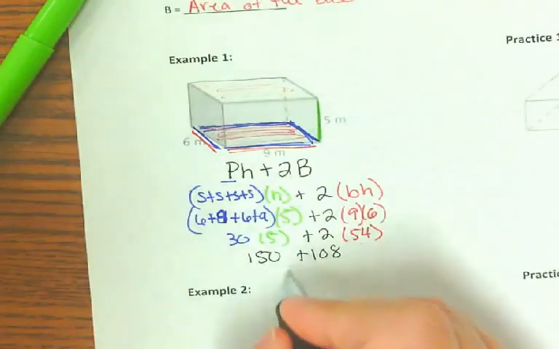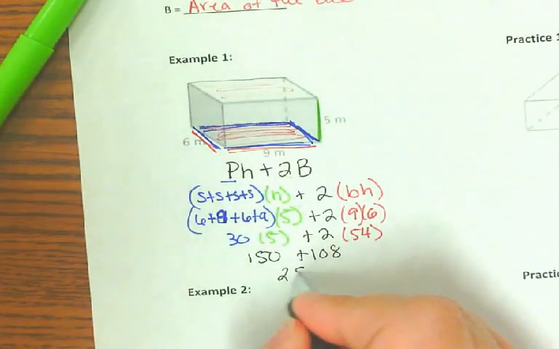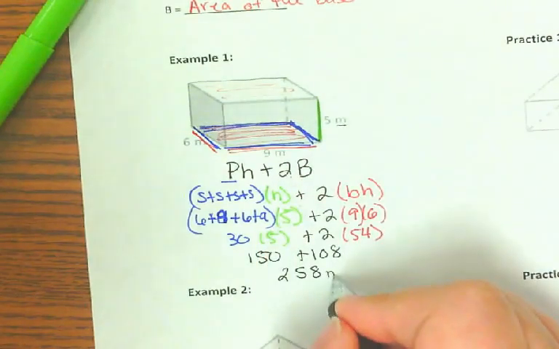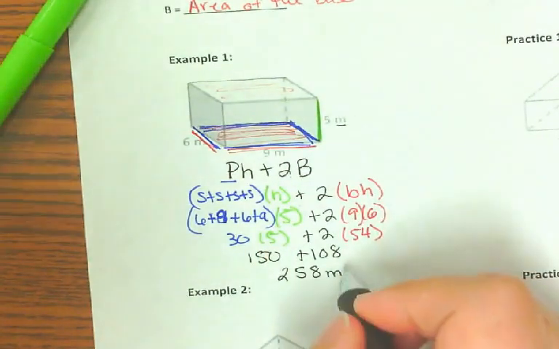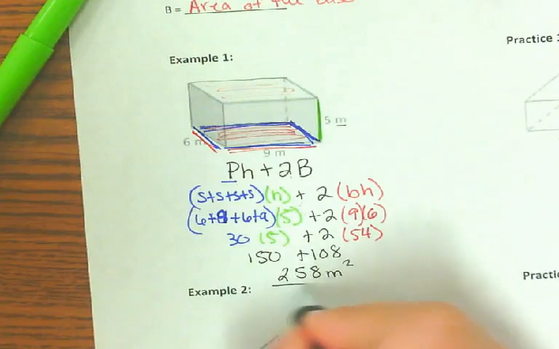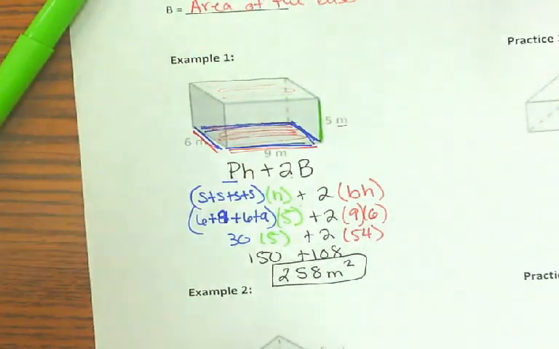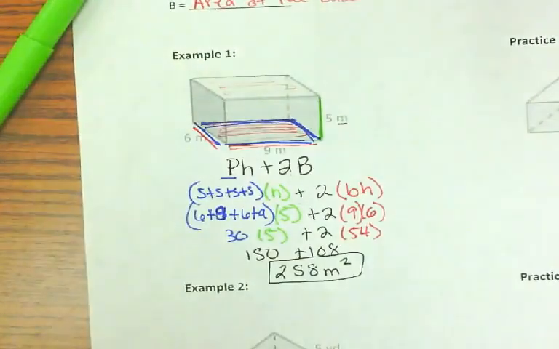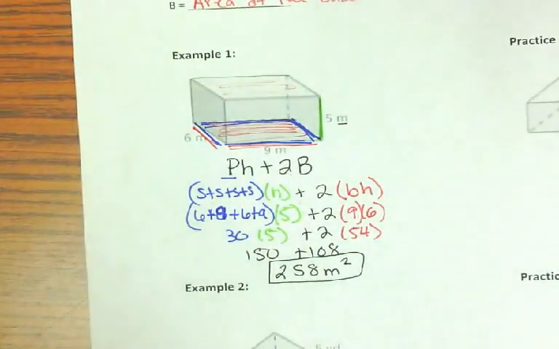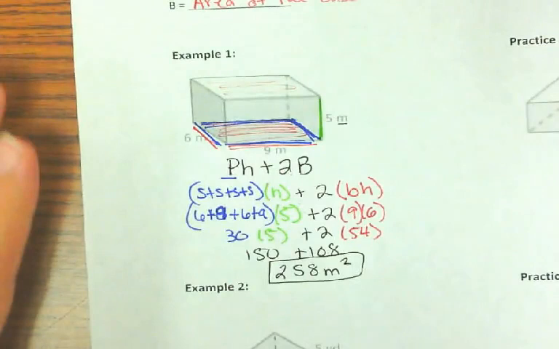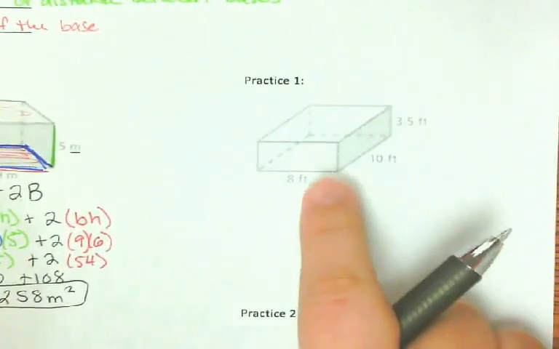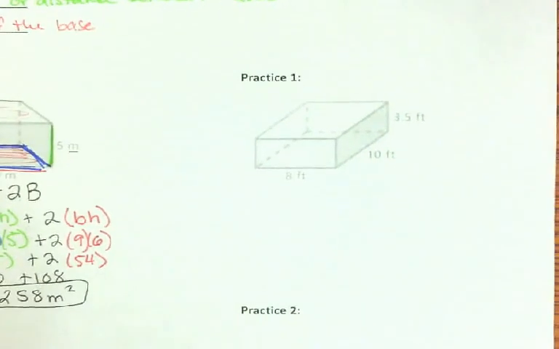So 150 plus 108 is 258. And then we have meters, and because we're talking about area, it's going to be squared. So that would be my answer for my total surface area for my rectangular prism. Go ahead and try the first practice on your own.